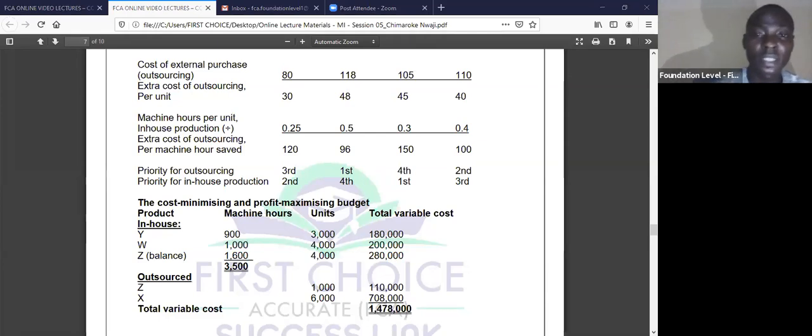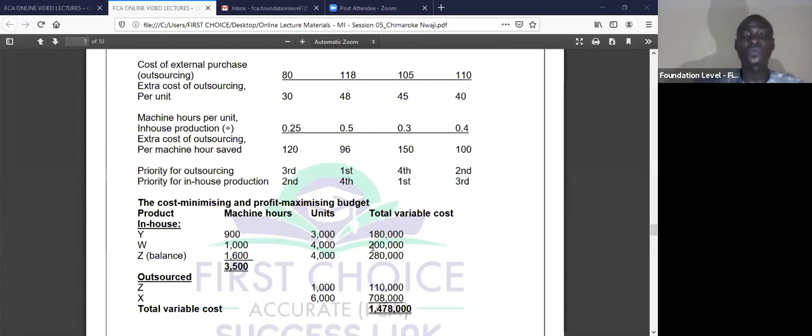If Z is 5,000, so let's do it together. 5,000 units, and we require 0.4 to make Z. What do we do? Multiplied by 0.4 to give you 2,000. But we're looking for 1,600, so it is more. So all you now do, you have your 1,600 that was remaining, and you just divide by 0.4.